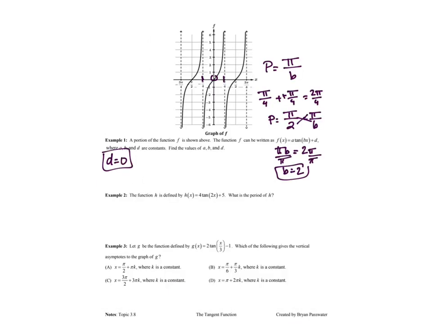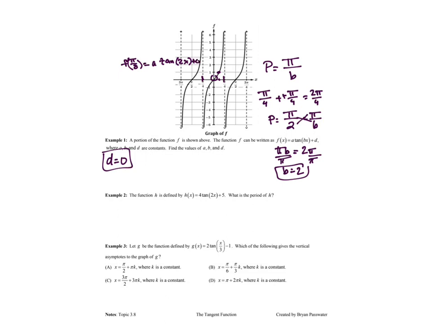Well, if we look at this function, it's at pi over 8 where I get 1. Halfway between 0 and pi over 4. Can you understand that? So I said this. I did f of pi over 8 is equal to amplitude times tangent of 2x plus 0.